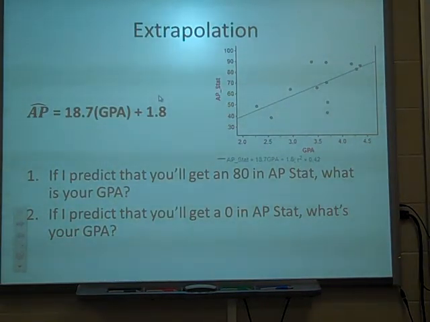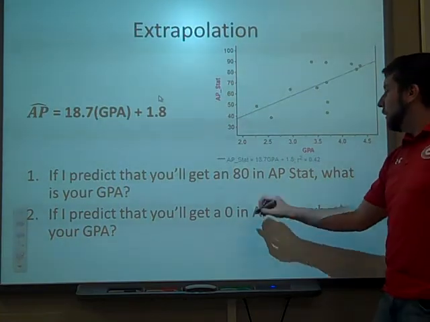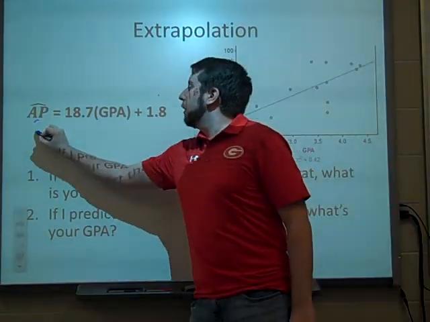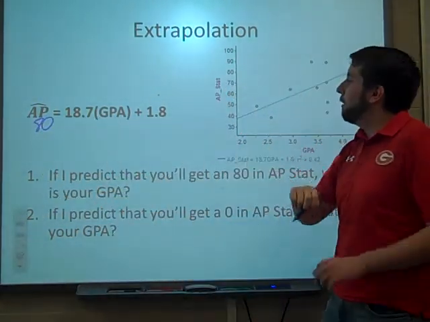So here's another example of extrapolation. If you predict that you'll get an 80 in AP Stat, what's your GPA? But if I predict that you'll get a 0 in AP Stat, what's your GPA? So for sake of time, I'm not going to do this, but the thing I was going to show you is that here, 80 in AP Stat, plug in 80 here, you'll get something reasonable, right?